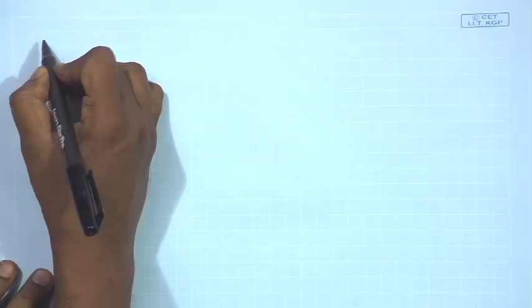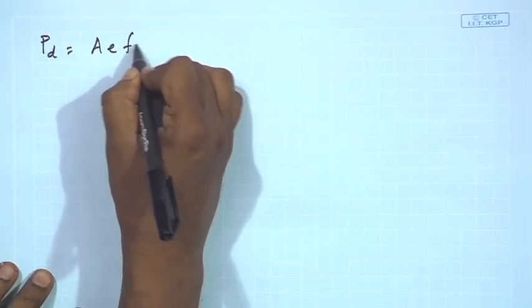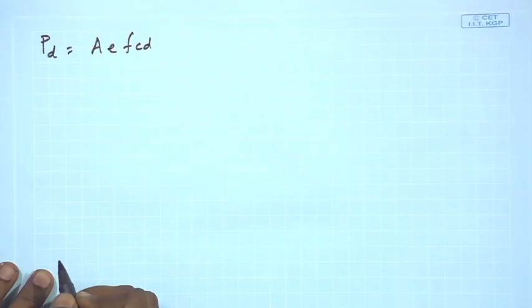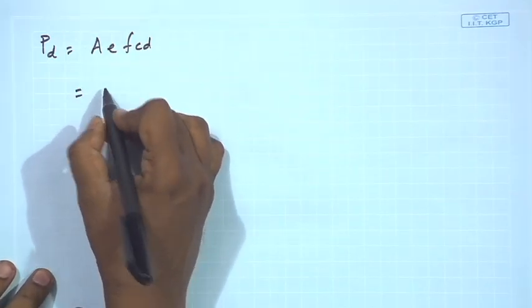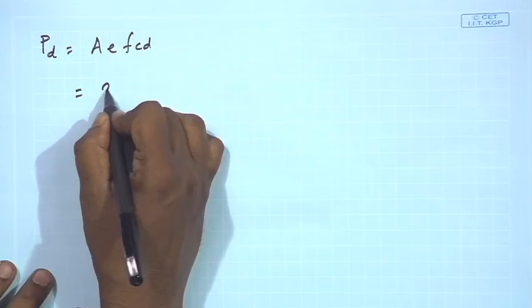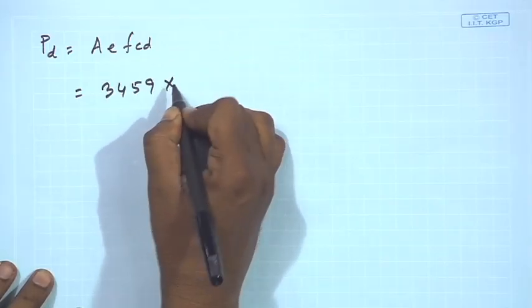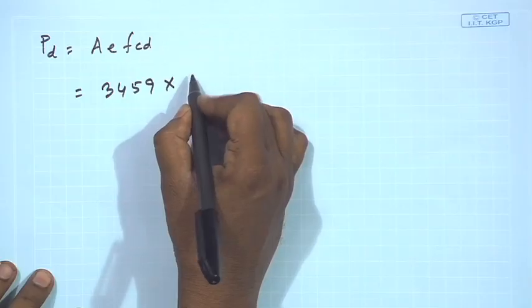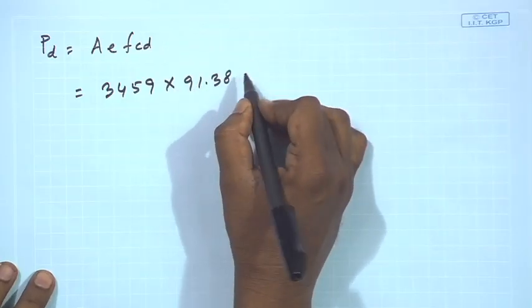Now, from this I can find out the design compressive strength P d as A e into FCD, right. A e, the effective area, is the gross area for this case. So, this will be 3459, which we have found earlier, and FCD calculated as 91.38 Newton per millimeter square.